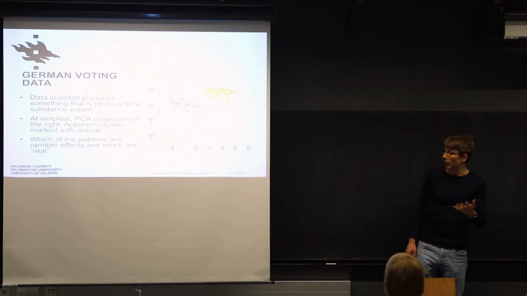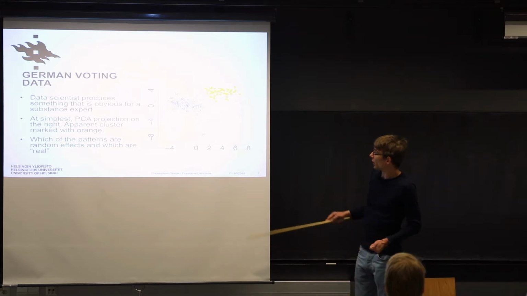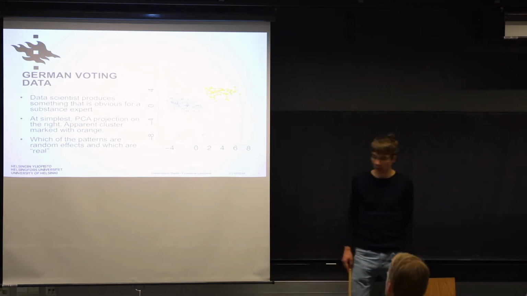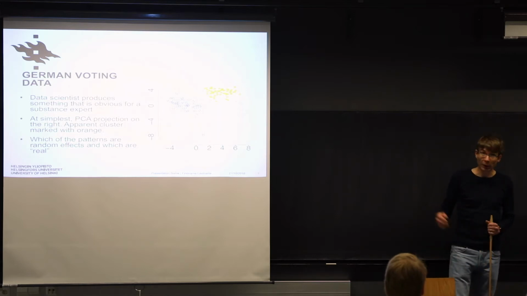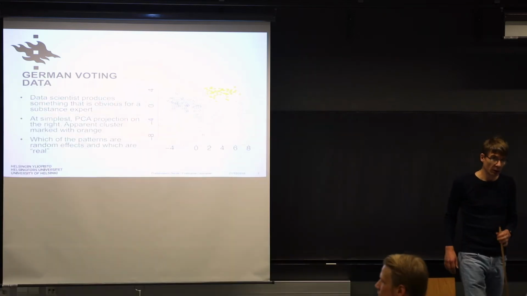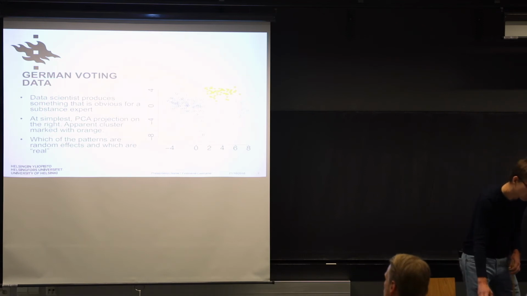And now there are lots of interesting questions, like which patterns are real and which are random, and this is actually also one thing that we are working on, how to do this statistical testing from these kinds of images.